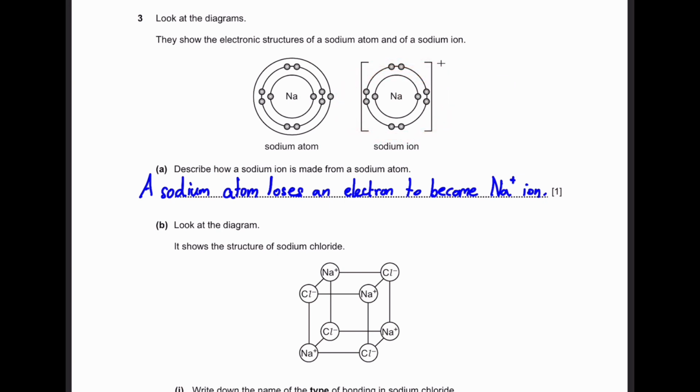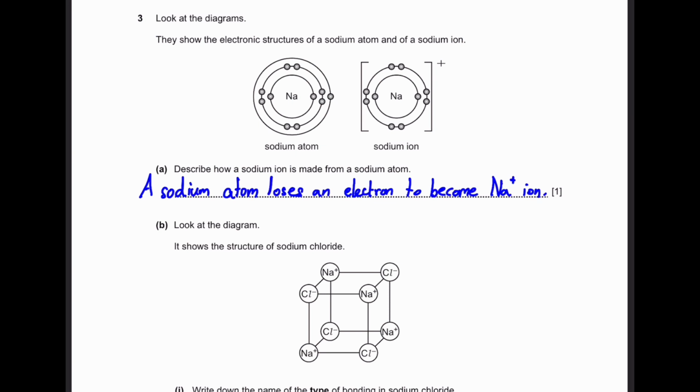Or in other words, all the shells, like this, the inner shell and the second shell, are full. This electron, which is extra compared to these in sodium, is a valence electron. Which means if we remove this one, we get an octet structure.